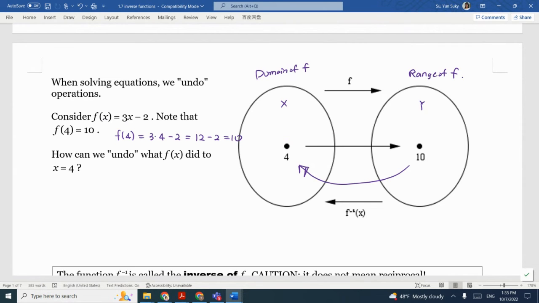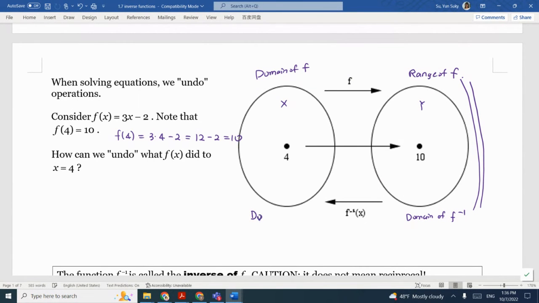And this is called the inverse function. So we want to do the reverse operations so that we can map the outputs back to the input. We call this f to the minus 1. So this is the inverse function. Now you see this is the domain of the inverse function, and the domain of the inverse function equals the range of the function.